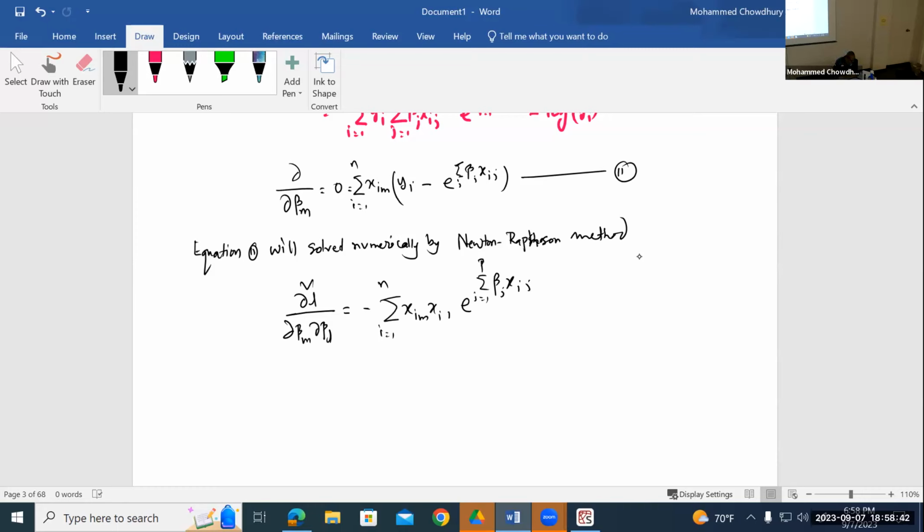So finally, the variance covariance matrix elements could be obtained from there.